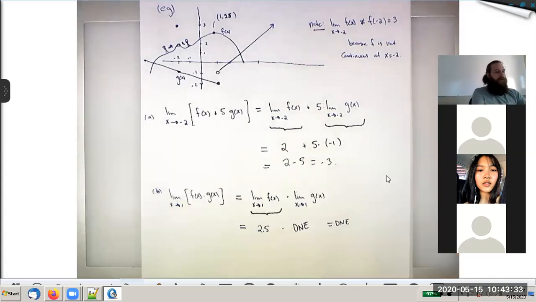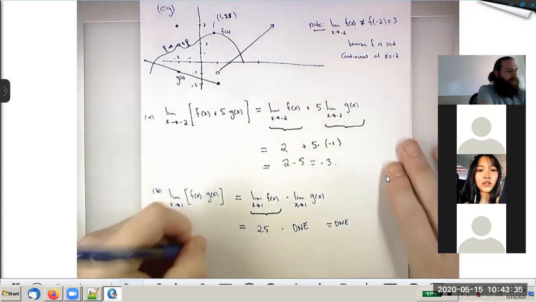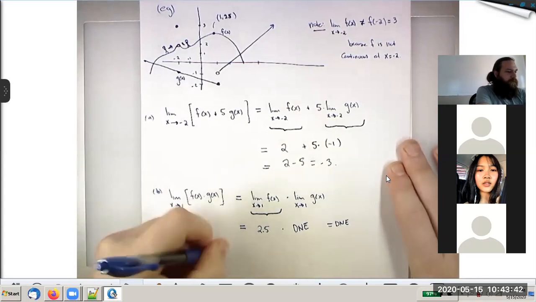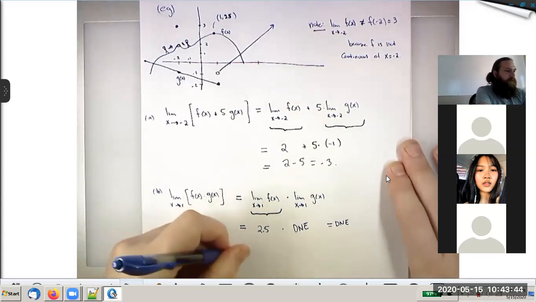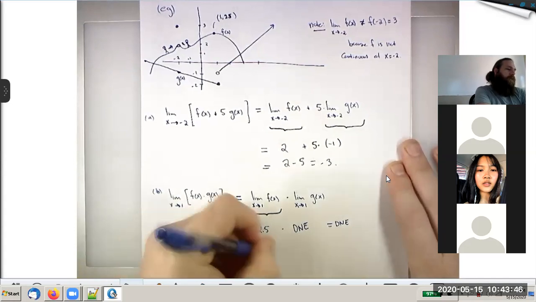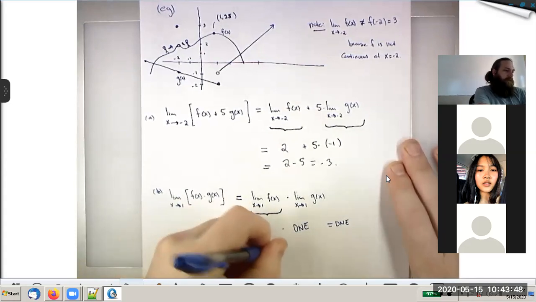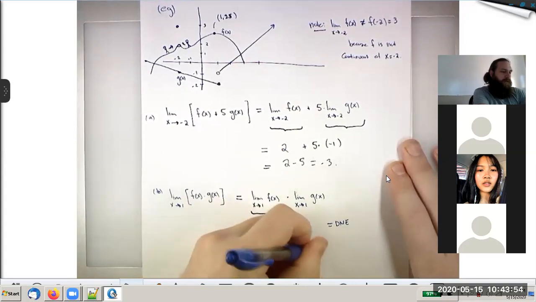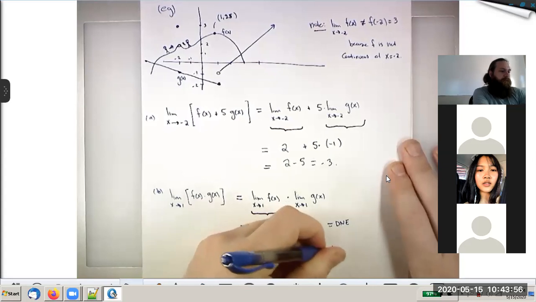Why does the limit as x approaches 1 of g of x not exist? Because the limit as x approaches 1 from the left of g of x is equal to -2, but the limit as x approaches 1 from the right of g of x is -1.